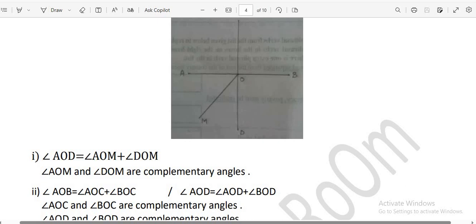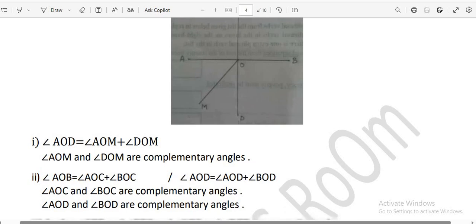From the figure above, angle AOD is equal to angle AOM plus angle DOM. Therefore, angle AOM and angle DOM are complementary angles.